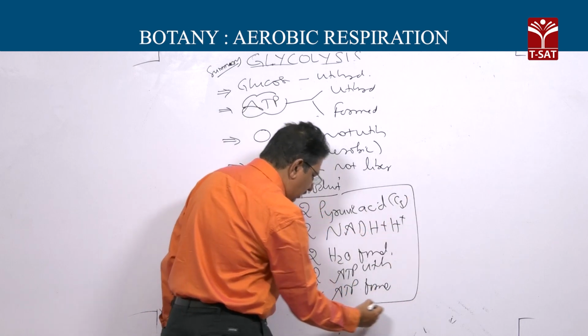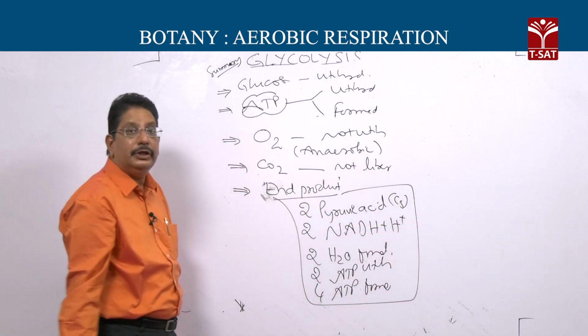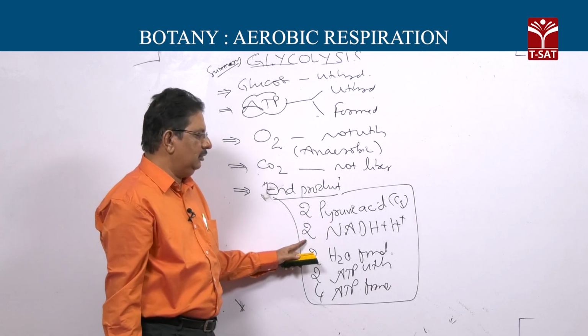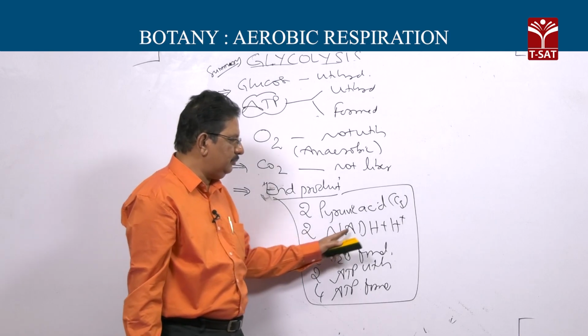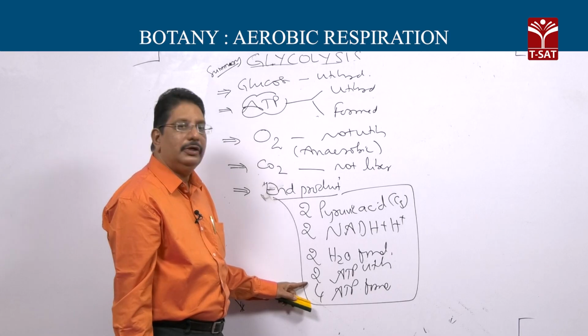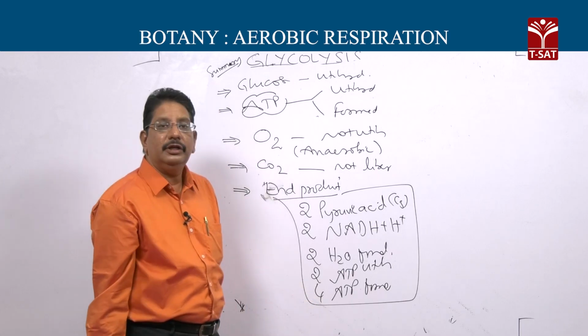So, the end products of the EMP pathway: formation of 2 pyruvic acids, 2 NADH plus H pluses, 2 water molecules, 2 ATP are utilized and 4 ATP are formed.